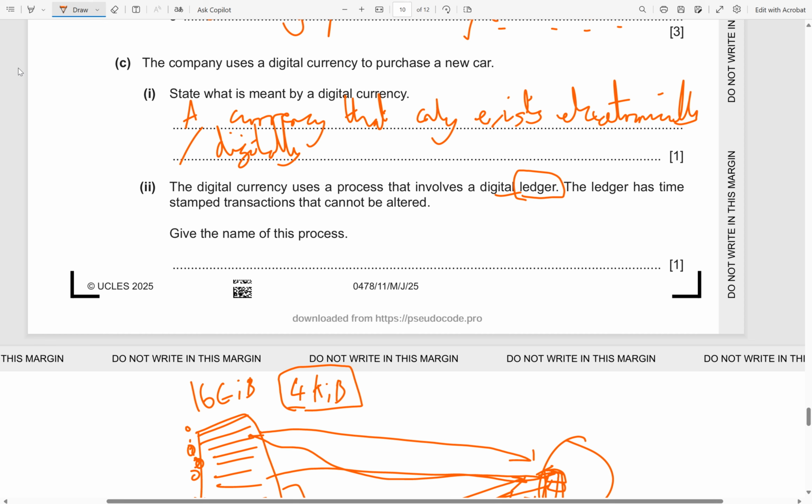But anyway, I think blockchain has two uses for the name. One, the blockchain is the digital ledger. However, people also use blockchain to refer to the actual process of creating the blockchain, of storing all this data, the transactions.